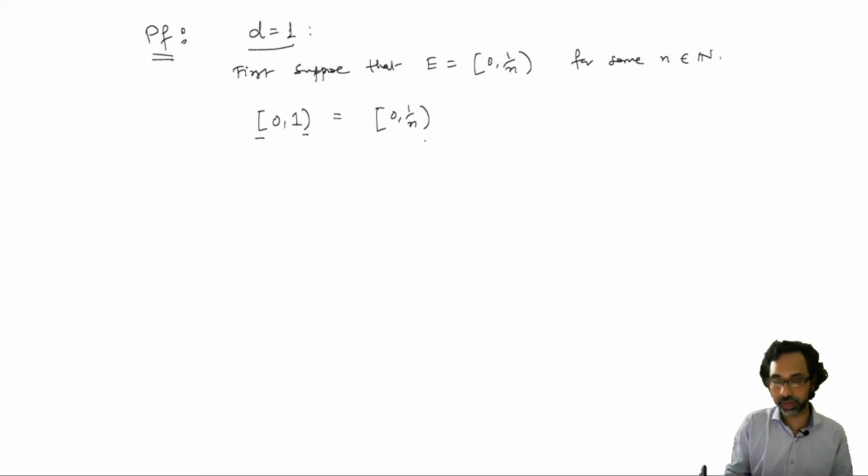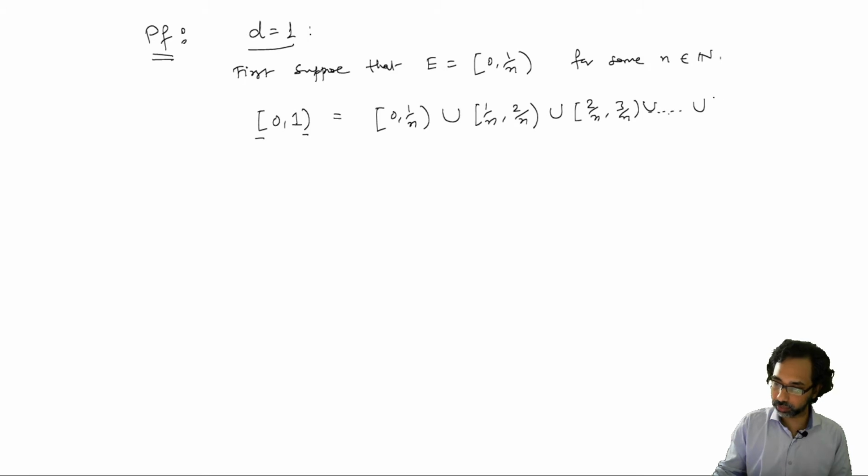I take 0, 1 by n, union 1 by n, 2 by n, union 2 by n, 3 by n, and so on. And the last one is n minus 1 by n and n by n, which is 1.